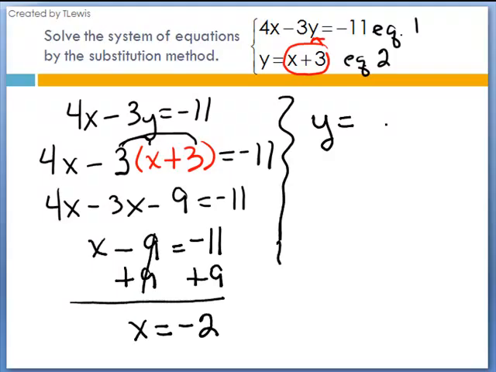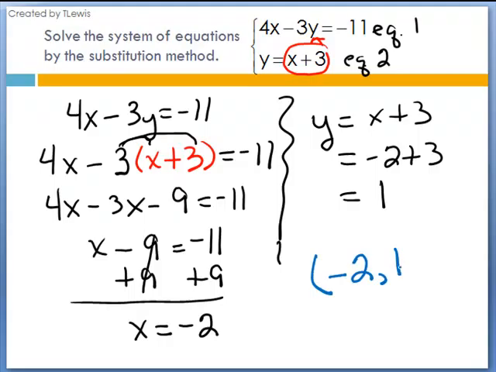And we're going to substitute -2 in for x to find y. And we have -2 plus 3, which gives us 1. So that is y. So our answer, written as an ordered pair, is (-2, 1).